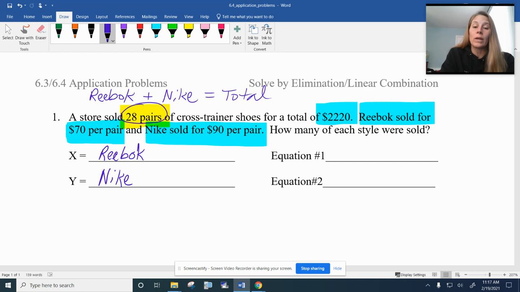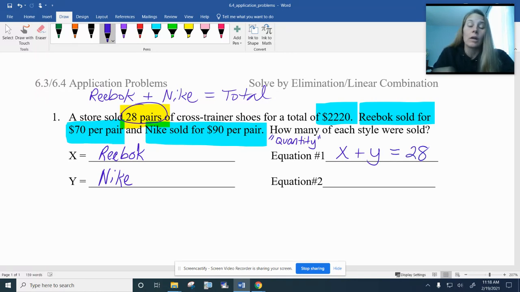So when we do our equations, we want to do one equation that involves the quantity, and quantity is how many of something. How many pairs of Reebok shoes were sold? I don't know, so that's going to be X, plus how many pairs of Nike shoes were sold? Again, I don't know, so it's going to be Y. But we do know that together there was a total of 28 pairs sold.